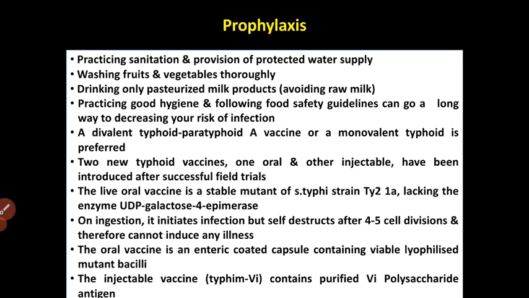So there is no induction of illness. The oral vaccine is an enteric coated capsule containing viable lyophilized mutant bacilli, lyophilized meaning in the dry form. The injectable vaccine Typhim Vi contains purified Vi polysaccharide antigen. Now you know what the role of Vi antigen is.